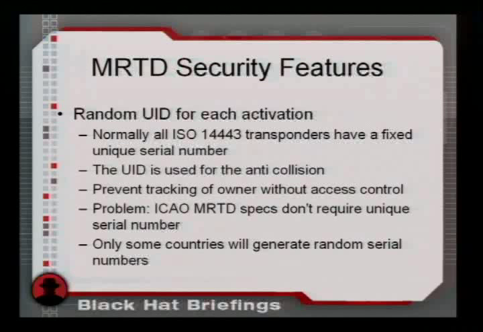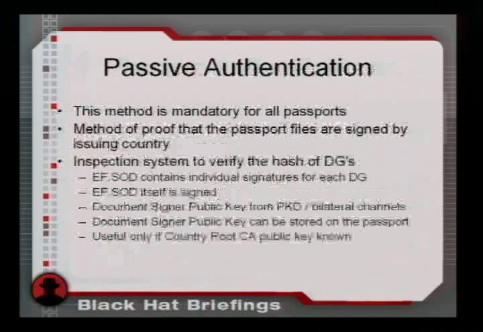So to prevent tracking of the owner without access control, they decided that every time the passport tag gets activated, it presents a new unique identifier. So it's now not truly random, but some type of random. The problem is the ICAO machine-readable travel document specs don't require unique serial numbers, and some countries will generate random serial numbers, others won't.